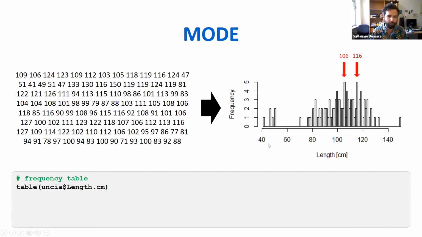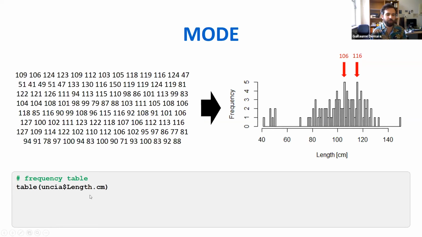You can inspect the number of times values appear in your data set by typing this table function. The table counts how many times each value appears in your data set, so it will give you a count. It will tell you, for example, that 109 appears once, I think.